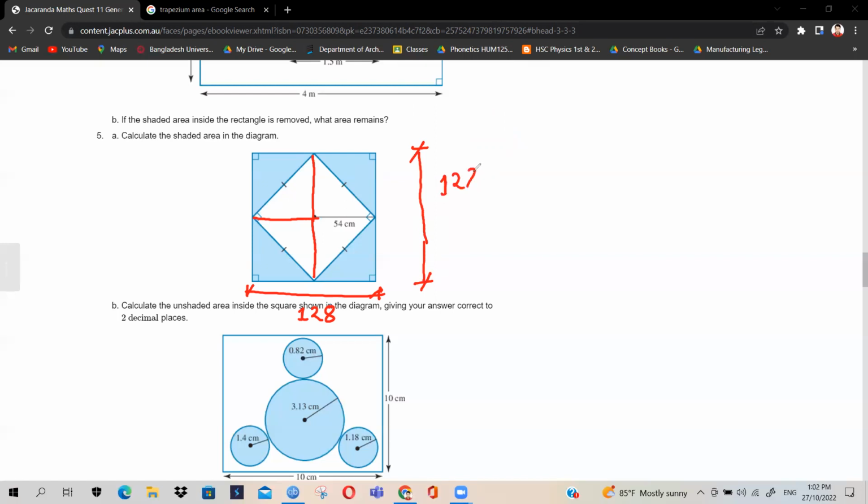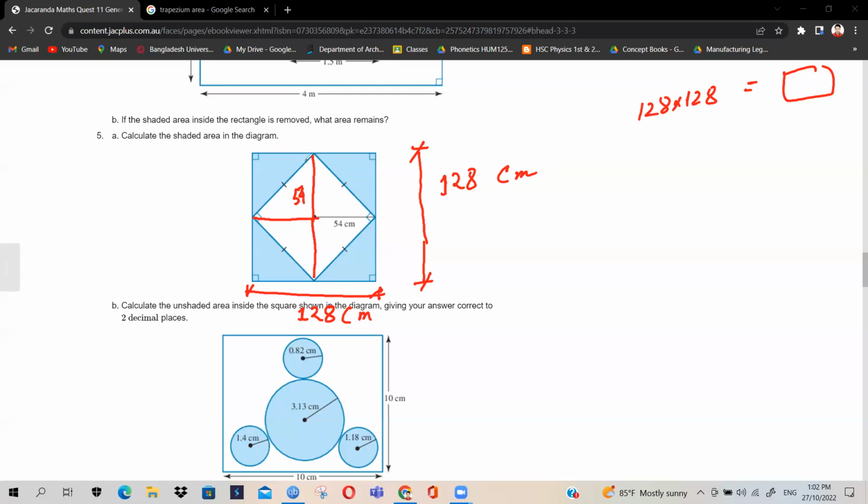Actually, you will need to use this property to solve this math as well. So now, the outer square or the bigger square's area would be equal to 128 times 128, right? Yes. That would be our bigger square's area. Now, what would be the area for the inner square? Here you can use the Pythagorean theorem.